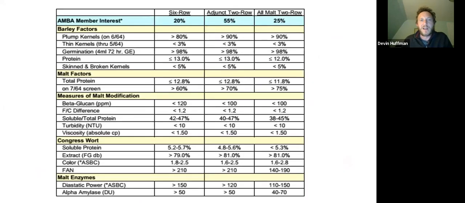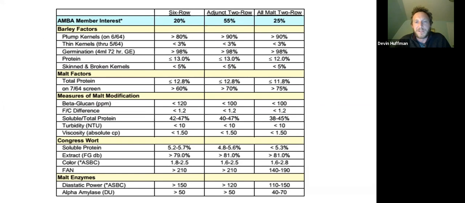This gives a bit of an idea of where we're coming from with North American barley varieties. This table gives us a breakdown of 6-row, adjunct 2-row, and all malt 2-row.